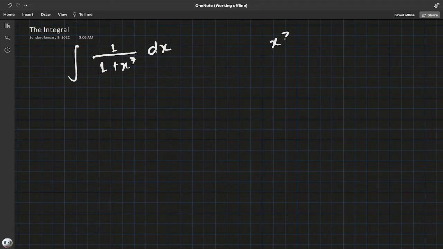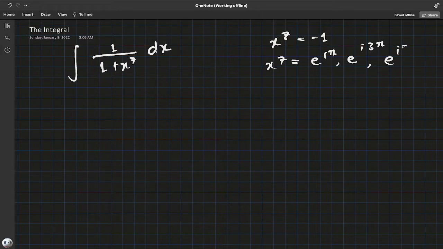So to do that, let's find out the roots of this equation. Let's evoke complex numbers. With e to the i pi, you can write -1 as this. You can write it as this, so you just keep adding 2 pi, 5 pi. We know by the fundamental theorem of algebra that there are 7 roots because the power of this polynomial is 7.